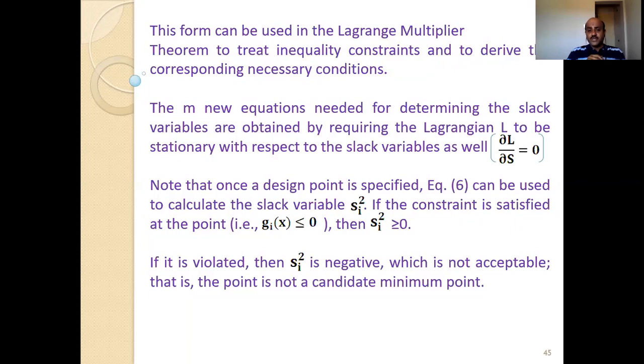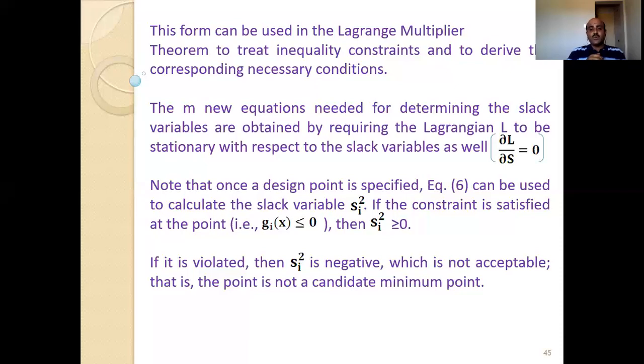So we need m new equations for determining the slack variables, and they are obtained by requiring the Lagrangian L to be stationary with respect to the slack variables as well. That is, the partial derivative of the Lagrangian L with respect to the slack variable S is equal to 0.